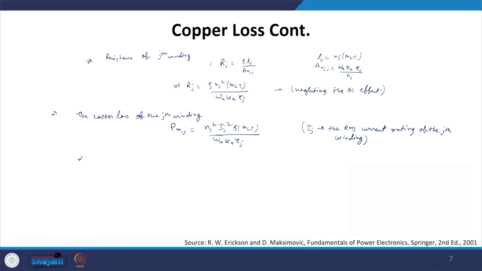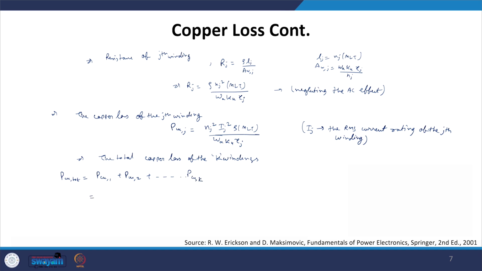Once we know the copper loss which is happening in the jth winding, we can then write the total copper loss of the k windings to be equal to PCU total, which is PCU1 in the first winding, PCU2 in the second winding, and so on going up to PCUk.